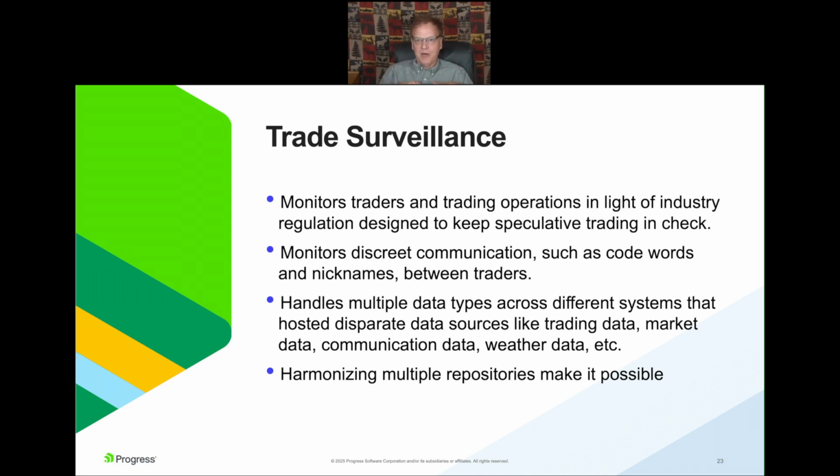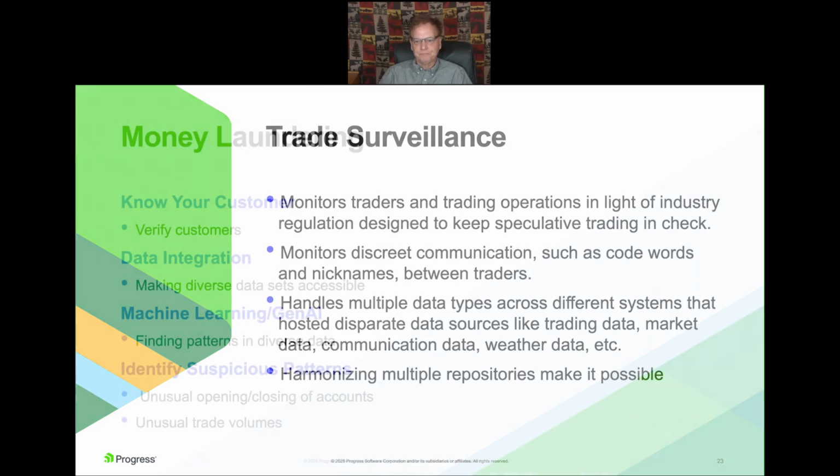You need to be monitoring communications between your traders and others. Your traders know they're being watched, so they may be using code words and nicknames to obfuscate what they're doing when they're talking to each other. You need to pull that together, and we, again, have implementations of this. If you have that kind of need, we'd be happy to talk to you.